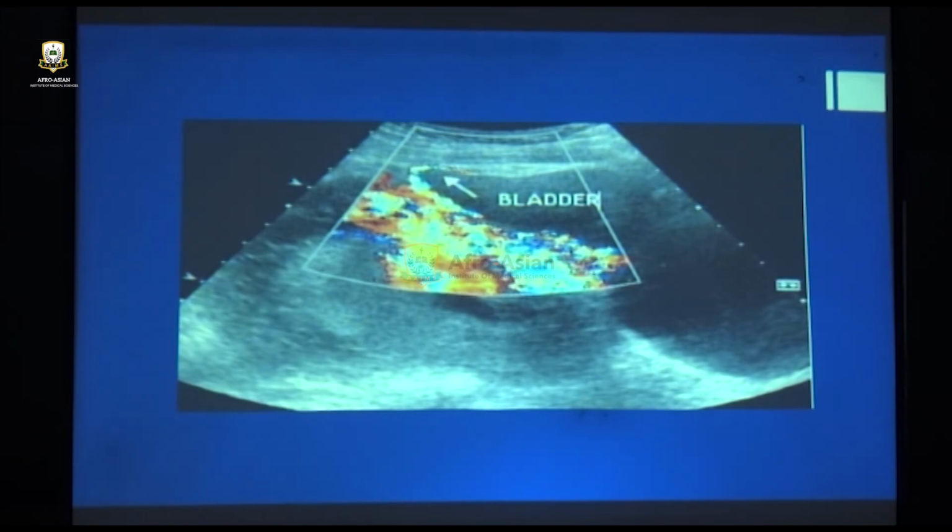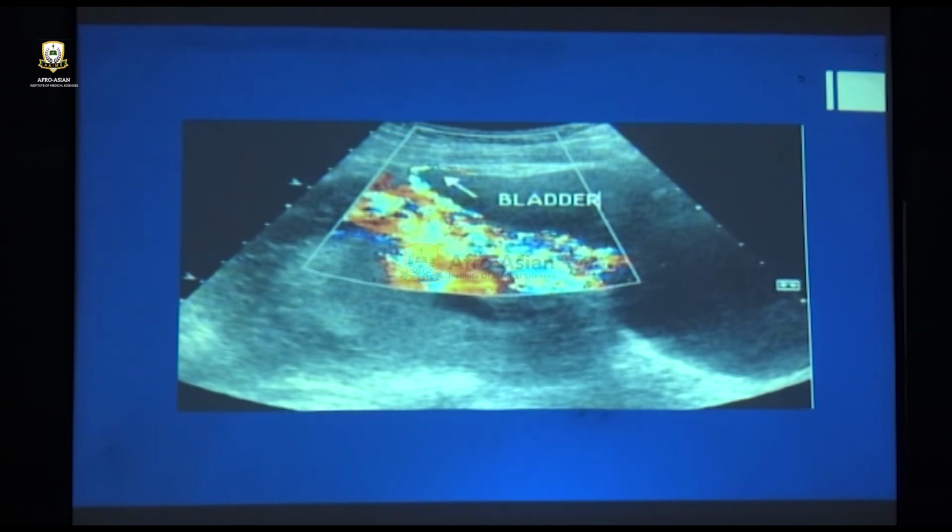It has gone to the wall of the urinary bladder, even beyond the wall of the urinary bladder, going up to the anterior lower abdominal wall. So this is the case of percreta. Done. So there are 4 pearls to diagnose accreta: loss of retroplacental space, previa, lacunae, and number 4 is increased vascularity.